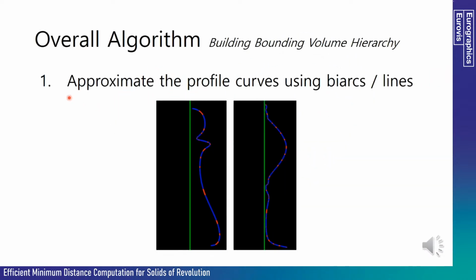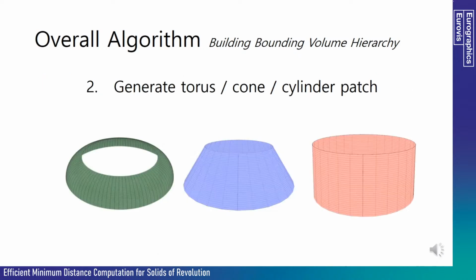Now, let me introduce the overall algorithm. First, to build a bounding volume hierarchy for our solids of revolution, we first have to approximate the profile curves using a sequence of biarcs and lines. By rotating them, we can generate toroidal patches, conical patches, and cylindrical patches.